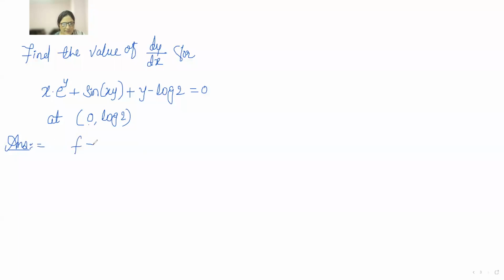So here f, the given function, is x into e raised to y plus sine of xy plus y minus log 2 is equal to 0. We are taking it as 0.